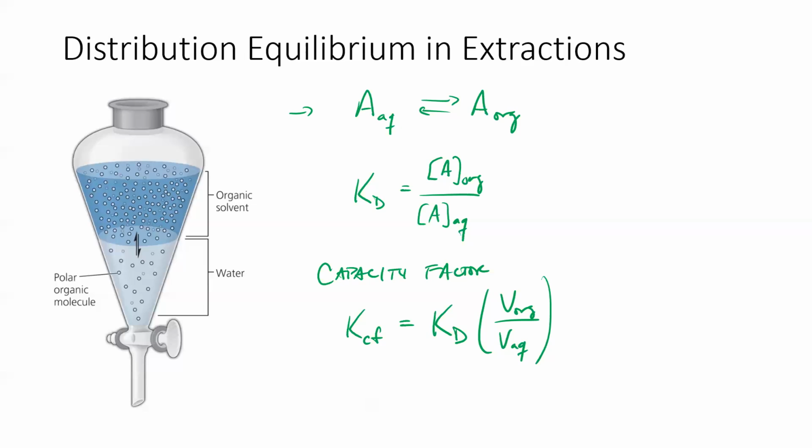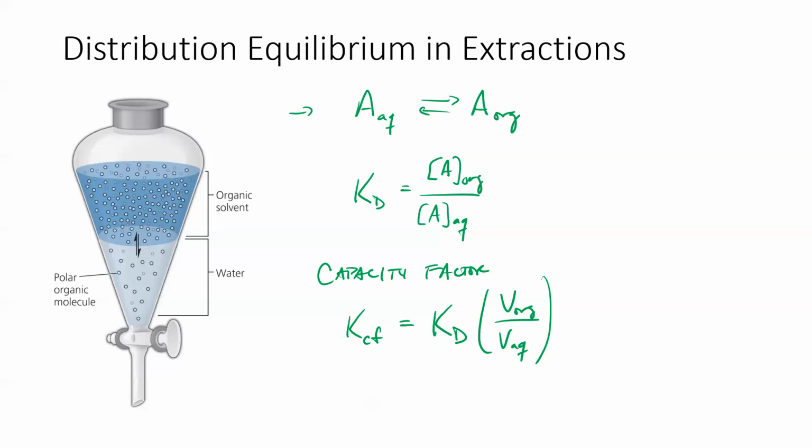And so the reason we use this is because unlike in a stationary phase, mobile phase situation, when we talk about two liquids, as long as it's water and hexane, for example, that KD is going to be pretty constant for that particular analyte. Right? And so the KD might be very well known, but if we're using different volumes, that's got to adjust a little bit because the concentrations change.